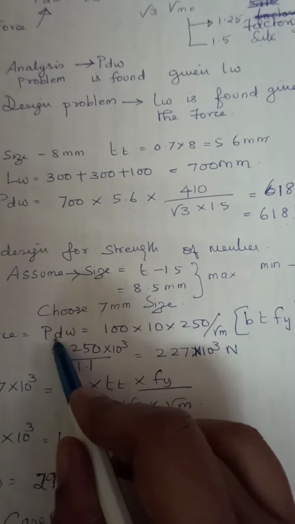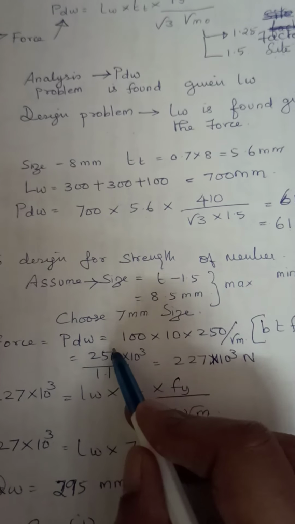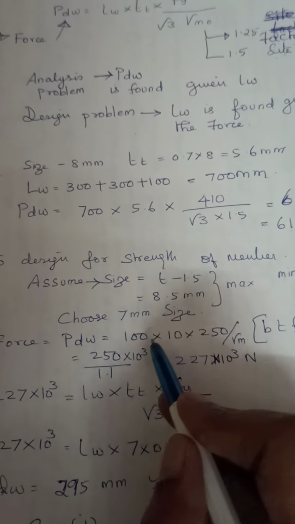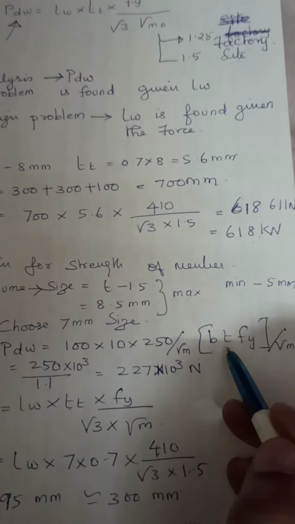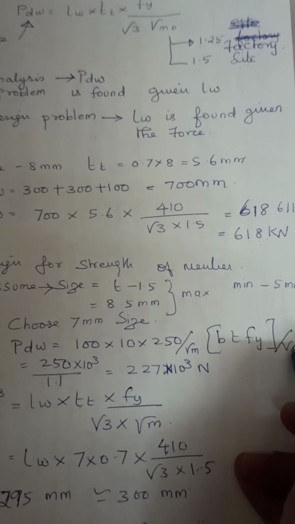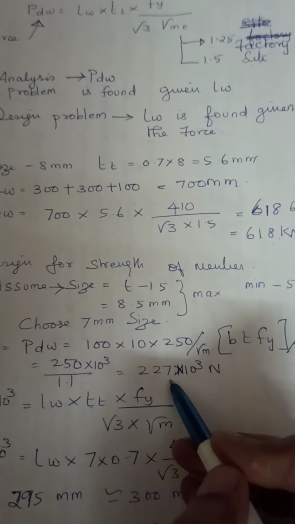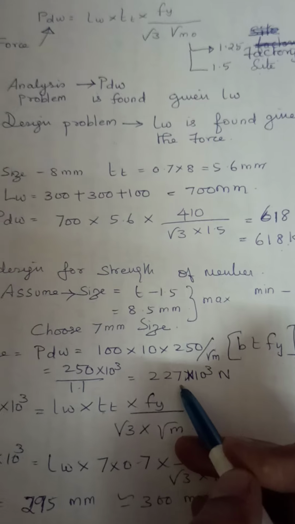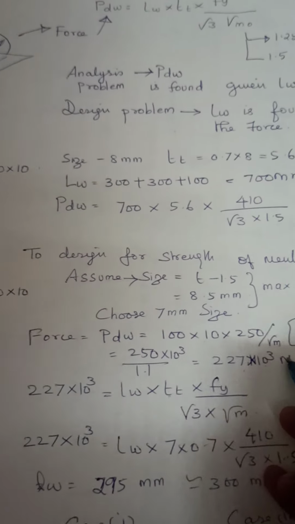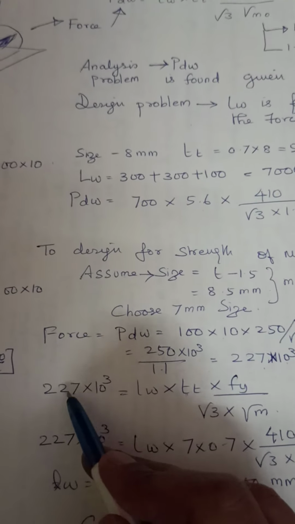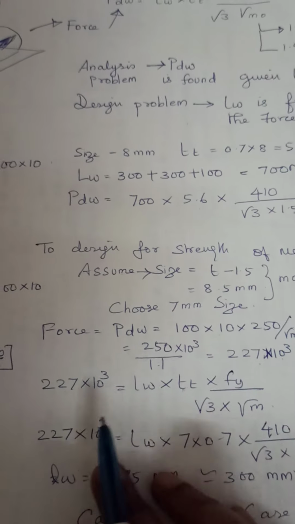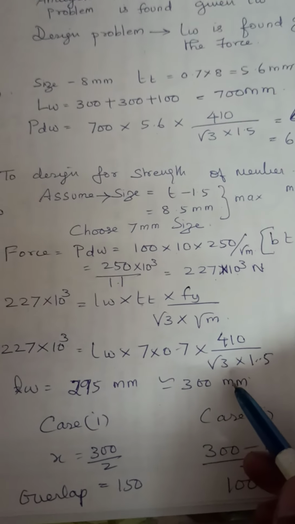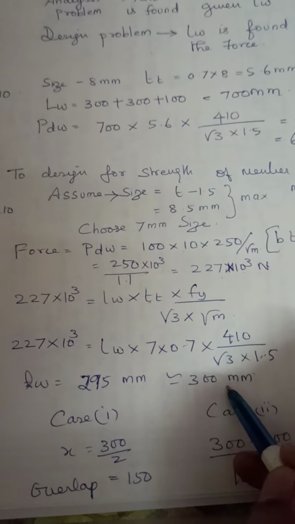This gives the strength of the weld. So if the force is not given, find the strength by the formula b t f_y by gamma_m0. You get the force of the weld to be 227 into 10 power 3 Newton. This is to be substituted on the left side, and we have to find the length of the weld. The length of the weld comes around 300 mm.